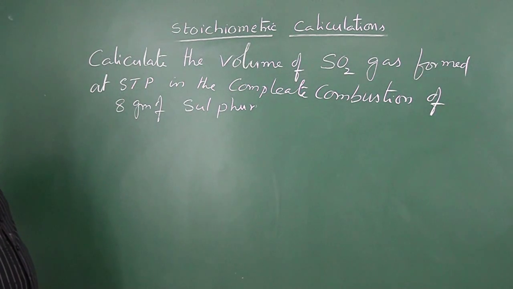Calculate the volume of SO2 gas formed at STP in the complete combustion of 8 grams of sulfur. We know that sulfur, when burned in the presence of oxygen, gives us sulfur dioxide.